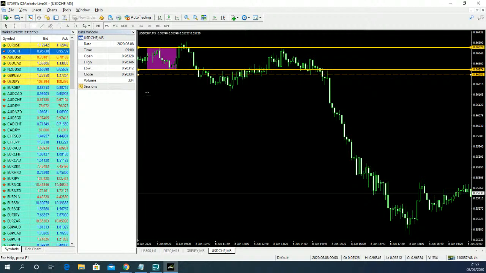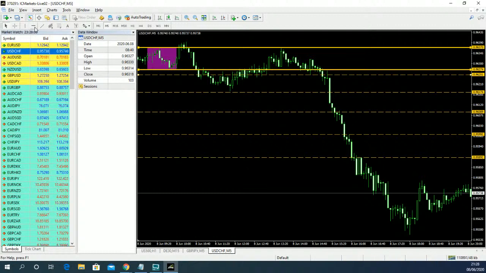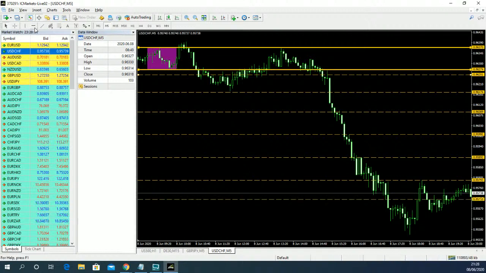So the first trade, that's the take profit target TP1, for example. Second position, take profit target 2. Third position, take profit target 3. The fourth position, the fifth position, the sixth position, the seventh position, each with its own take profit target.